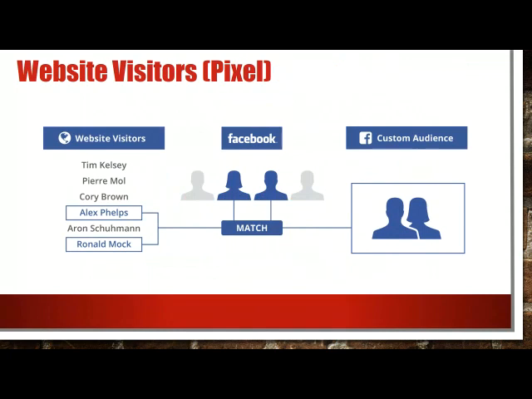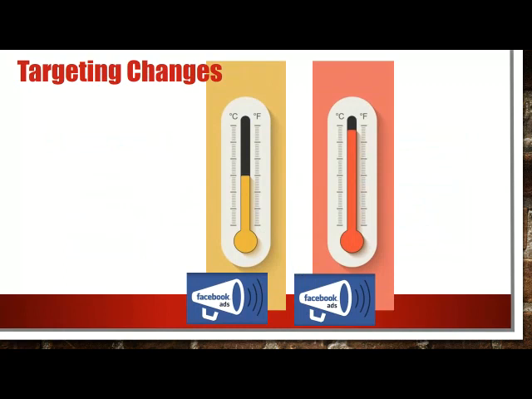Basically, people come to your website. Facebook matches those people up with people that have profiles on Facebook, and then that becomes an audience that you could then show ads to. Pretty sweet.